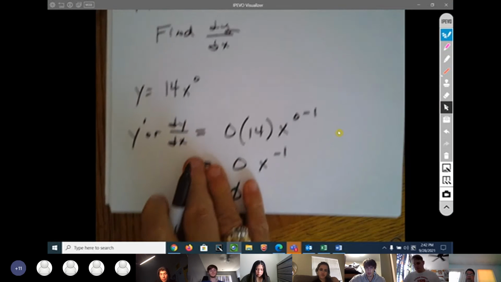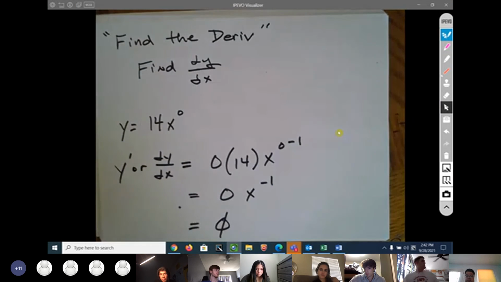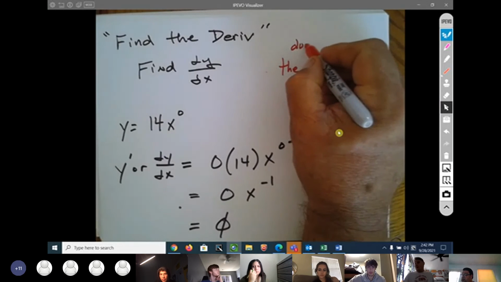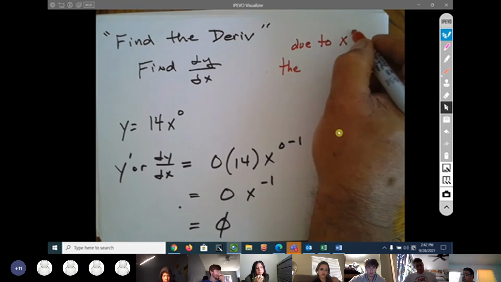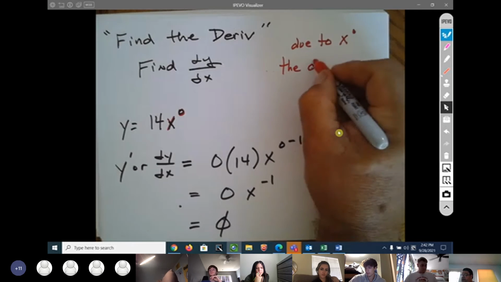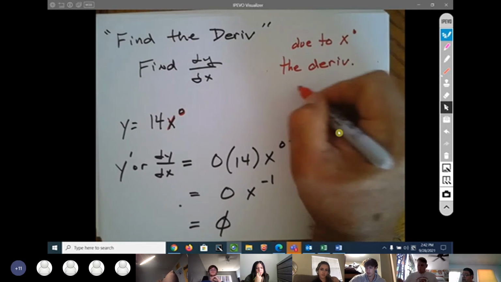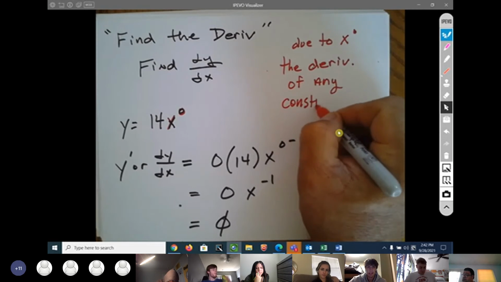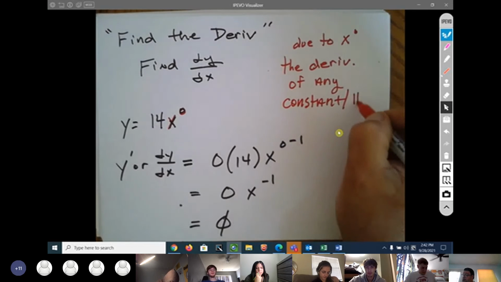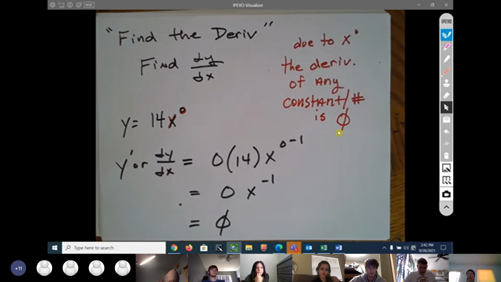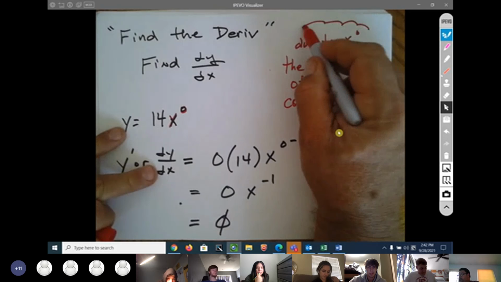Thus, the rule, which I probably told you last week, and this goes in red: the derivative of any constant number is what? 0. So I want everybody to write that down.